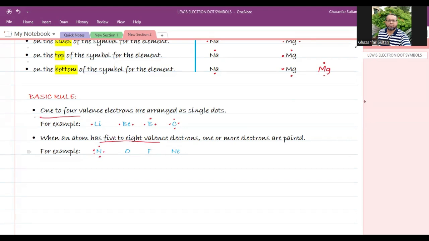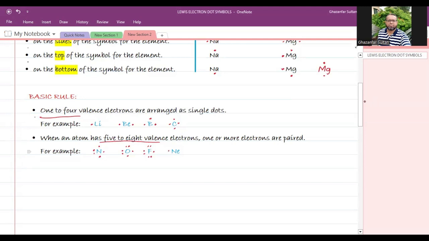As nitrogen belongs to group 5, oxygen belongs to group 6, you can draw 4 electrons in 2 pairs and 2 electrons as single dots. In case of fluorine, you can draw like this, and you can understand this dot can either be top, bottom, or right or left side, anywhere.